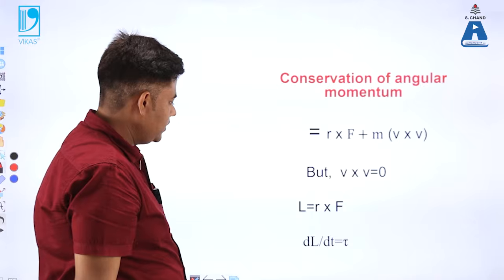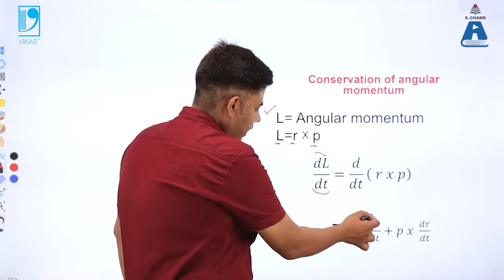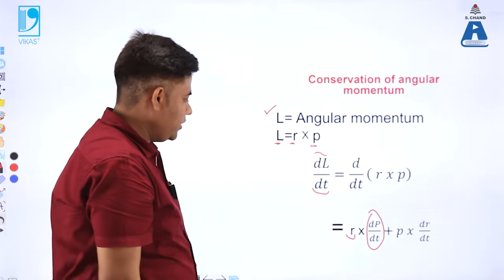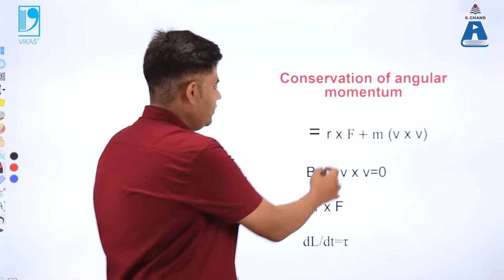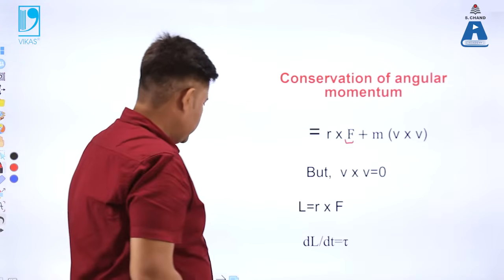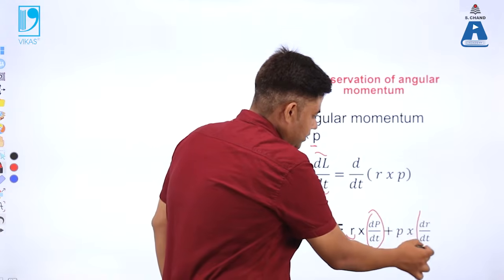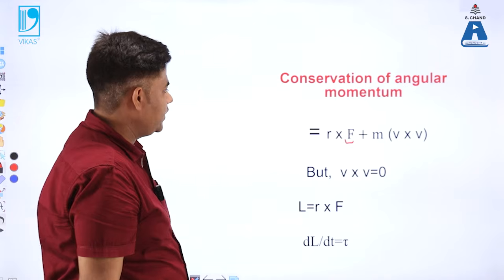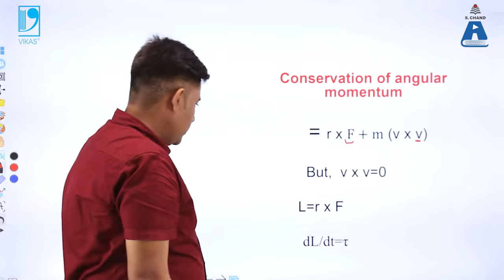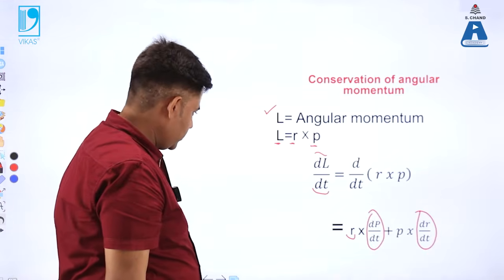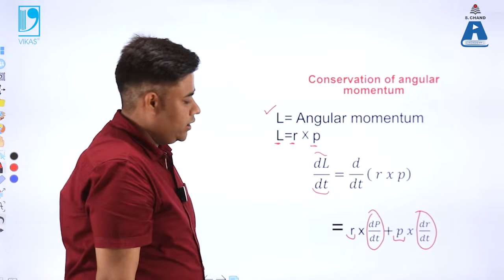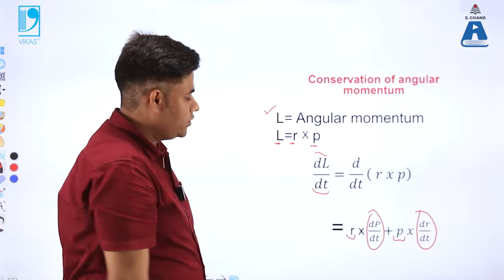This dp by dt, from the second law of motion, the rate of change of linear momentum, is denoted by the force, and this dr by dt is velocity. The rate of change of the position vector is velocity. The velocity term was already there because of the momentum. Linear momentum is mass multiplied by velocity.